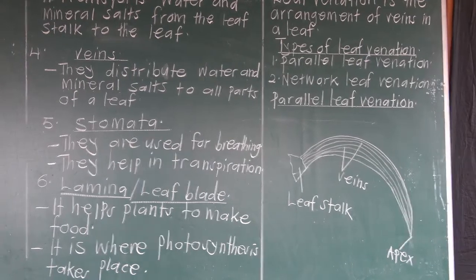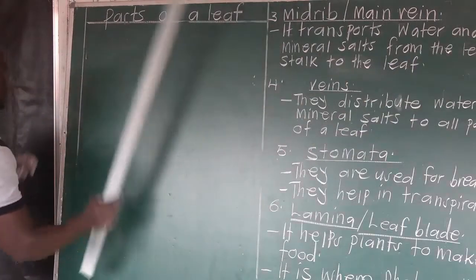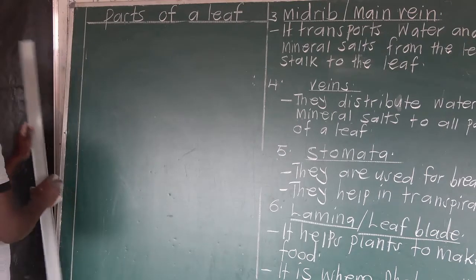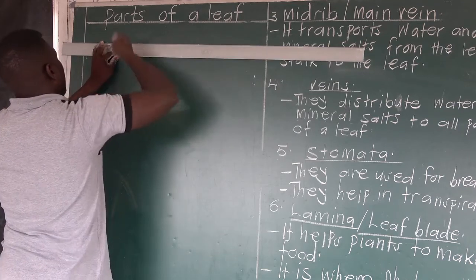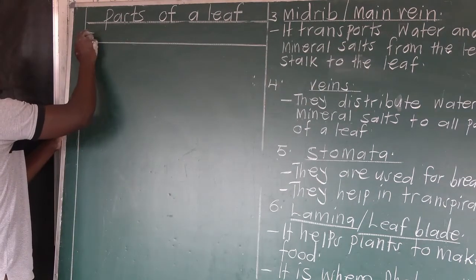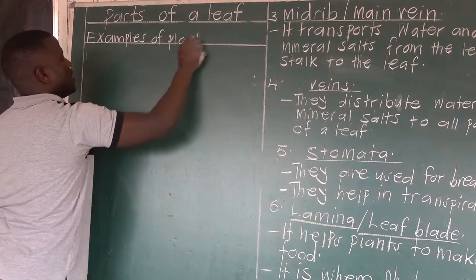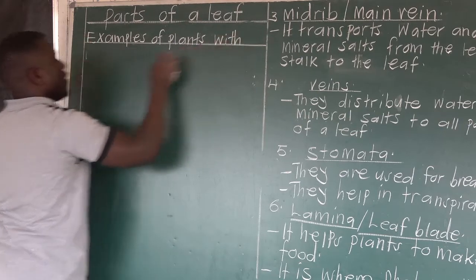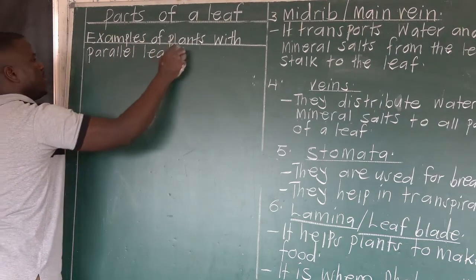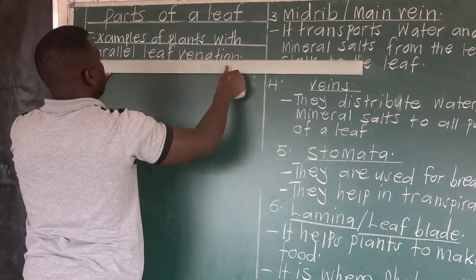Then we have examples of plants with parallel leaf venation.